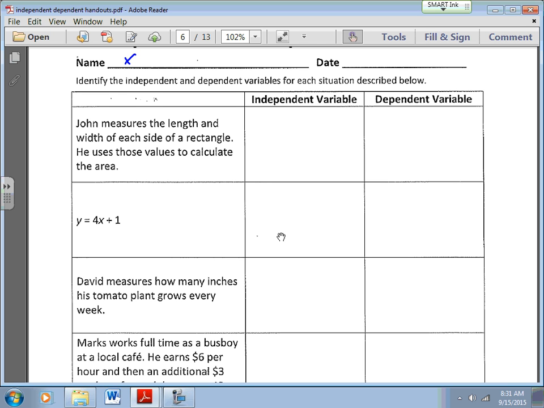So then we would write right here, the values to, or you could just put, calculate area. To calculate the area, you need to get the length and the width.